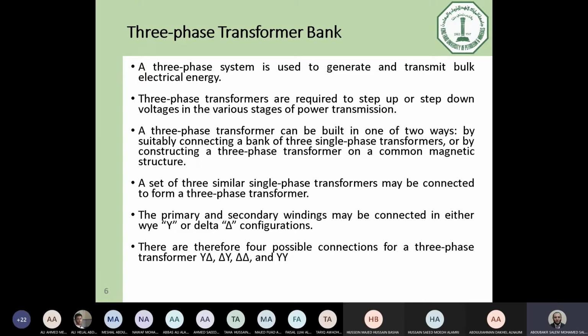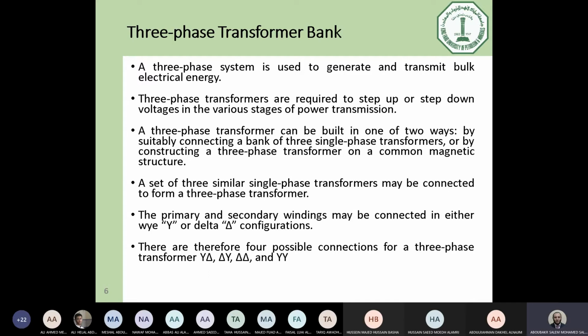So, in terms of maintenance, three single-phase transformers will be better. However, in terms of performance as power transmission and efficiency, the three single-phase bank has lower performance compared to the use of one complete core for the three phases. For that, most power station transformers in the transmission systems use a three-phase transformer based on one magnetic core, not three cores.